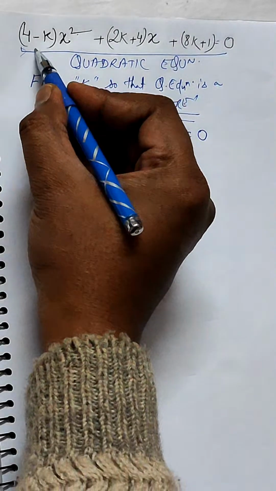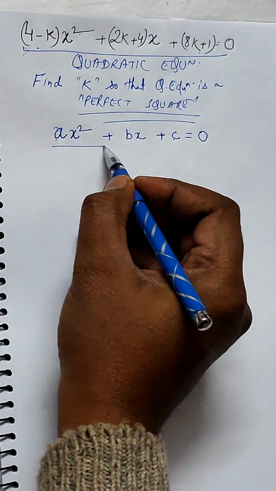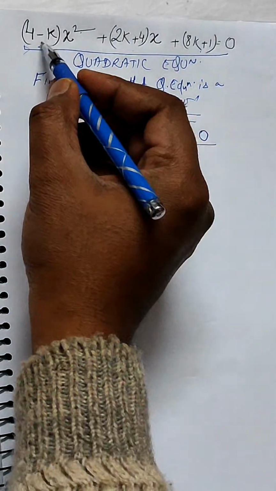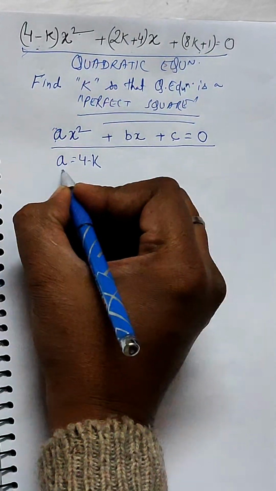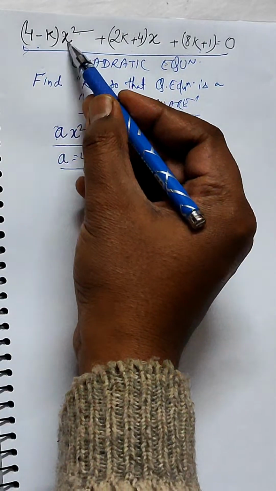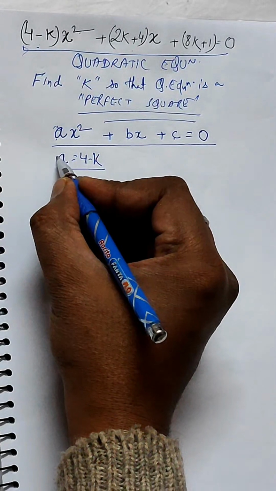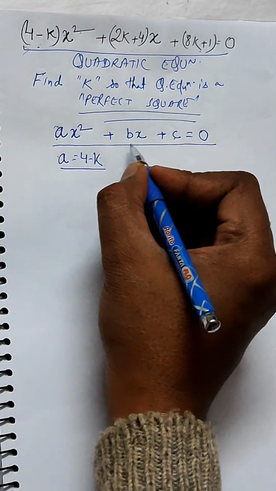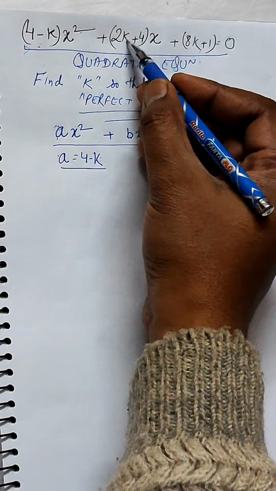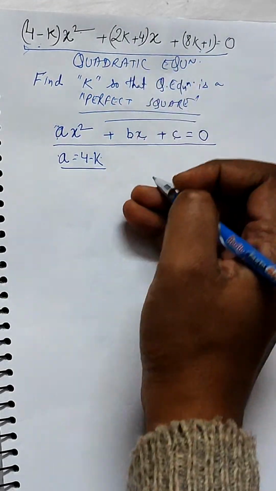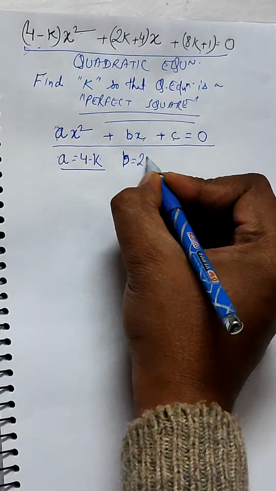And when you compare the given quadratic equation with the standard form, we get a as 4 minus k. You can just see the coefficient of x square, it's 4 minus k. So the value of a will be 4 minus k. And what will be the value of b? You can see the coefficient of x is 2k plus 4. So 2k plus 4 is the value of b.